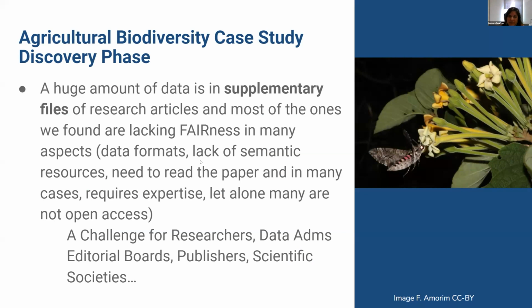This requires expertise to understand the data. And there is also the paywall that many journals have, so the data is not really open access. So we find that this is a huge challenge for researchers, for data admins, for editorial boards of scientific journals, publishers, and scientific societies.